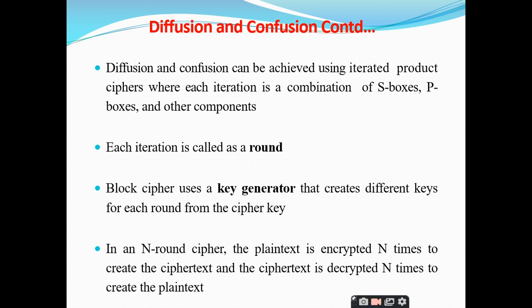Right. And as I told you, one particular combination or a single unit we can call a round. In future we are going to discuss two important symmetric algorithms, DES and AES. There also we will be talking about rounds.